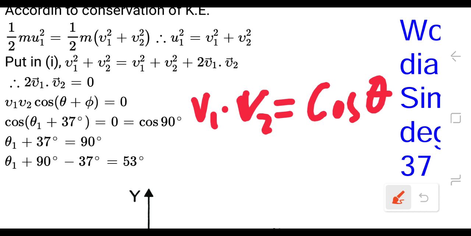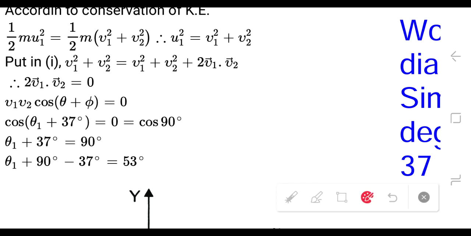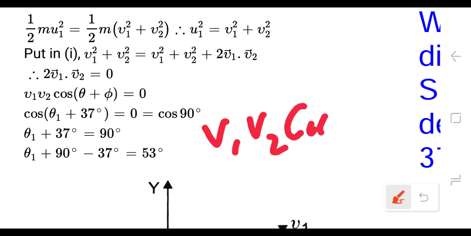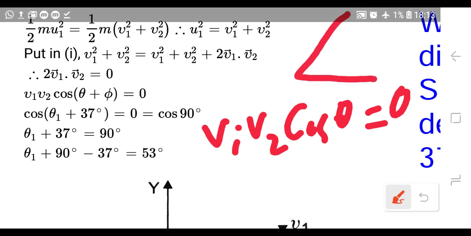If it's perpendicular, then v1 v2 cos theta is equal to 0, which means these two are perpendicular. There will be a 90-degree angle there.